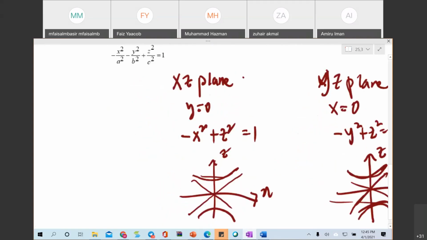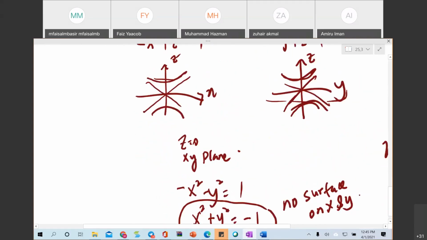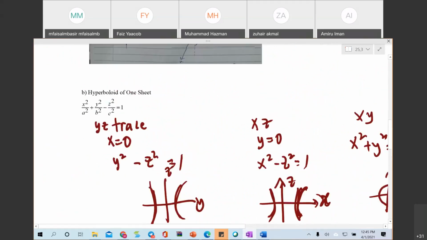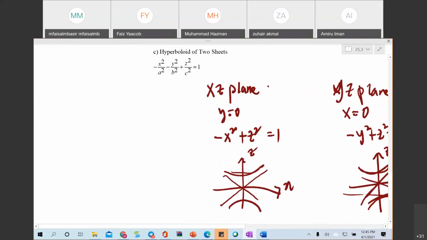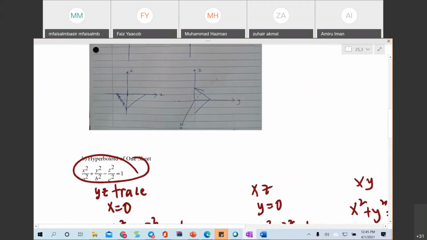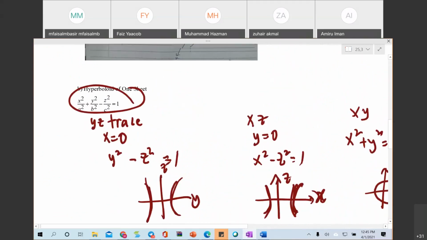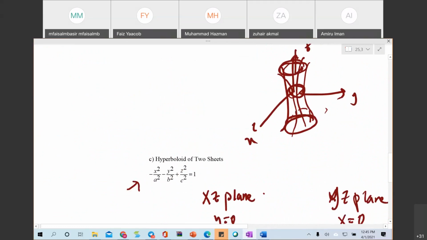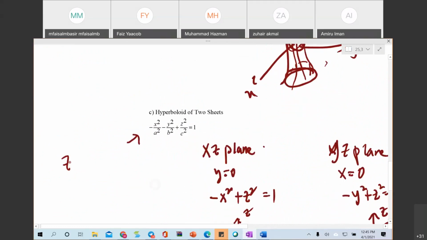So what you can do is set z equals to z0, or z equals to k, from the original one. From here, you let z equals to k, with a, b, c equals to 1. Plus k squared equals to 1.